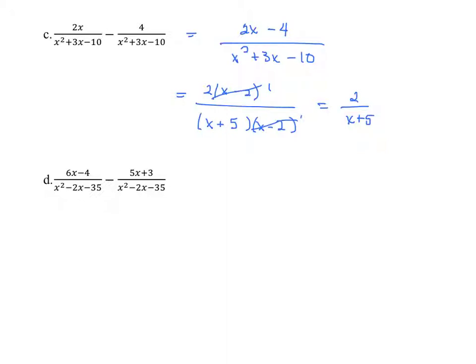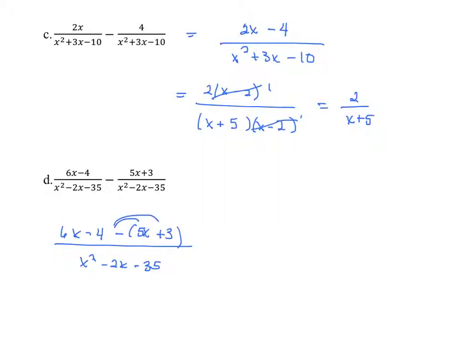Now these can be a little bit tricky, you guys, so I'm going to show you. So 6x minus 4, we're taking away this entire binomial. So we have to be sure to subtract everything.